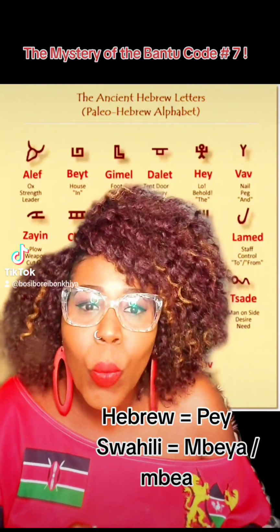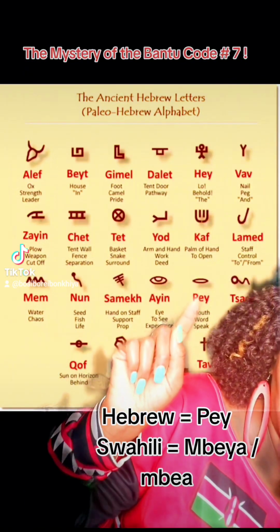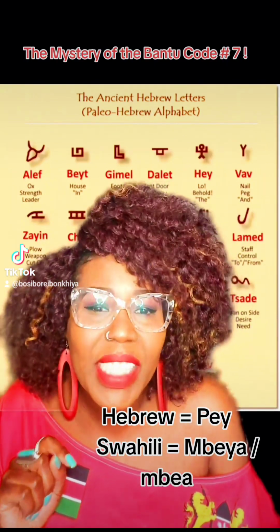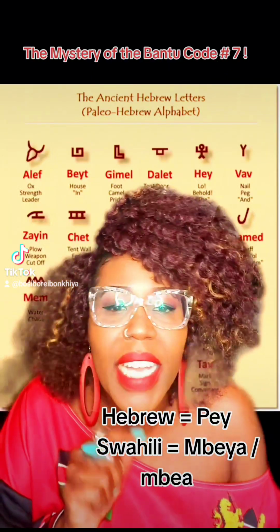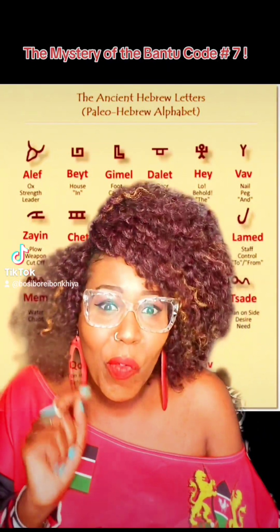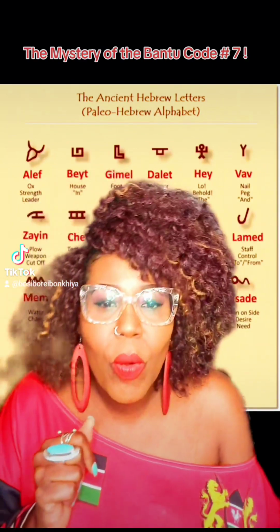So when you have the concept of pei, fei, remember also in Swahili you have mbeya, which is really a phonetic variation of the word pei. Pei becomes mbe, and when you add an a at the end, mbeya: somebody who is known for giving free information, or basically a gossip.